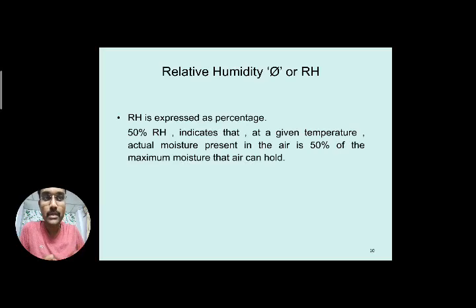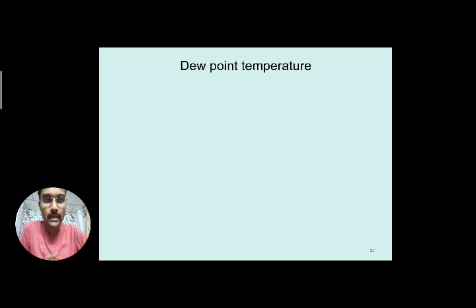The actual moisture present in the air at that particular pressure and temperature is 50%. So that condition can be taken as relative humidity, measured in terms of percentage. So this is regarding the second terminology in psychrometry.